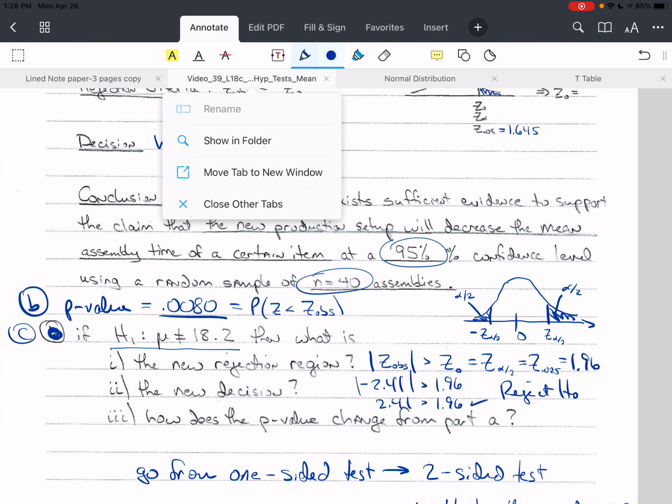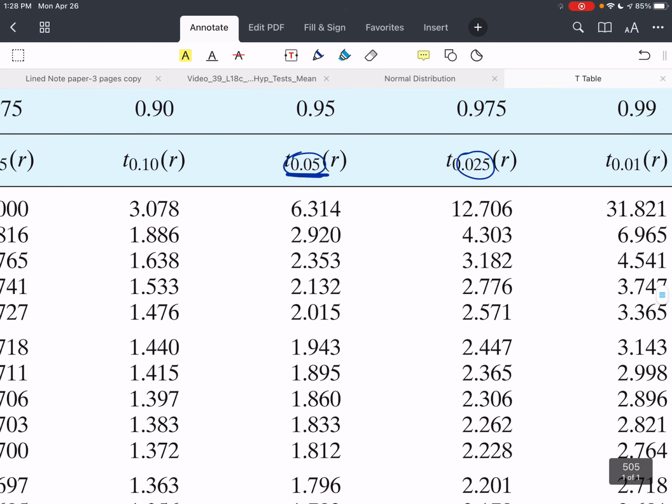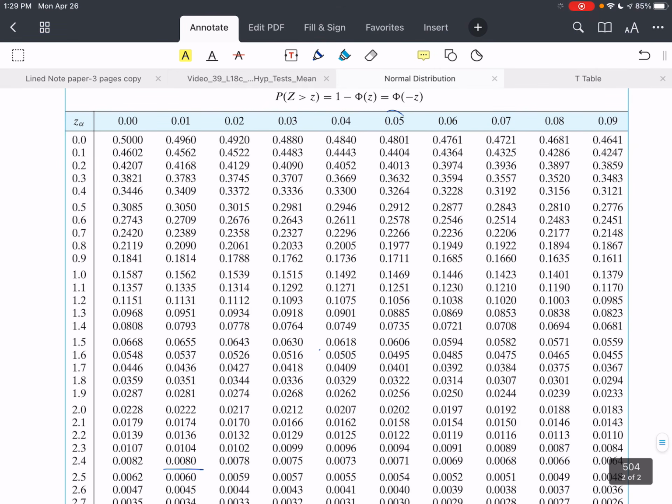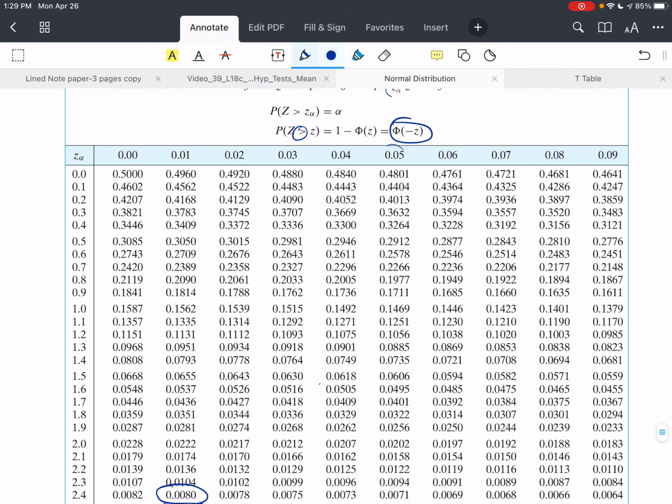And Z observed was 2.41, and when we look at 2.41 in the Z table, we find that that's 0.0080. Again, we're looking at the greater than, which is the same thing as the less than of the negative. Okay, so 0.0080.